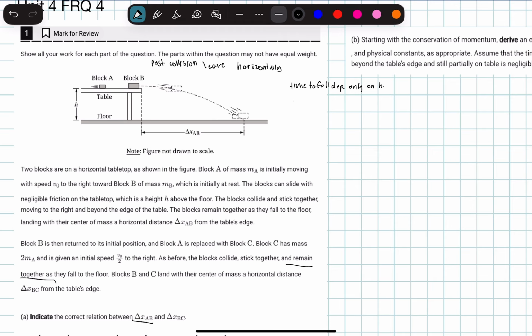Therefore, the horizontal distance depends only on the horizontal velocity post collision. So what we're going to do is compare the post collision horizontal speeds.